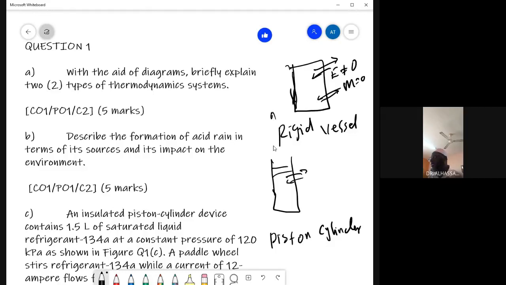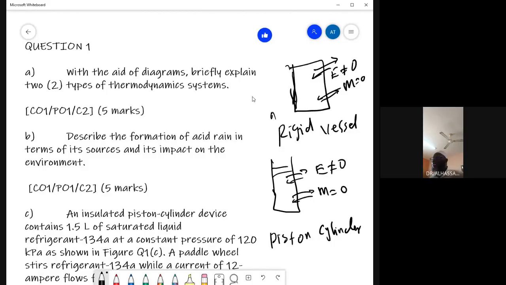We have E is not equal to 0, but mass is always kept constant. So the change in mass is always equal to 0. Okay, so these are the two classical types of closed systems or thermodynamic systems that we have considered.